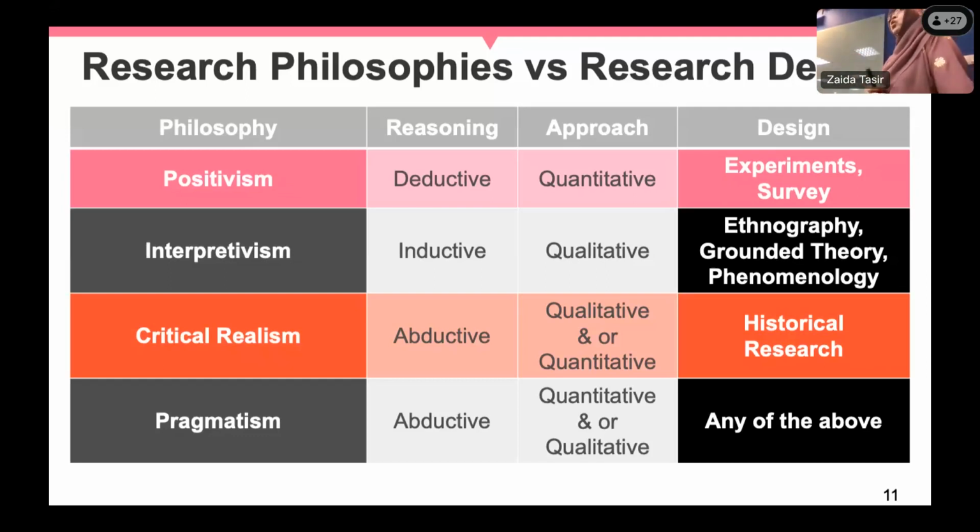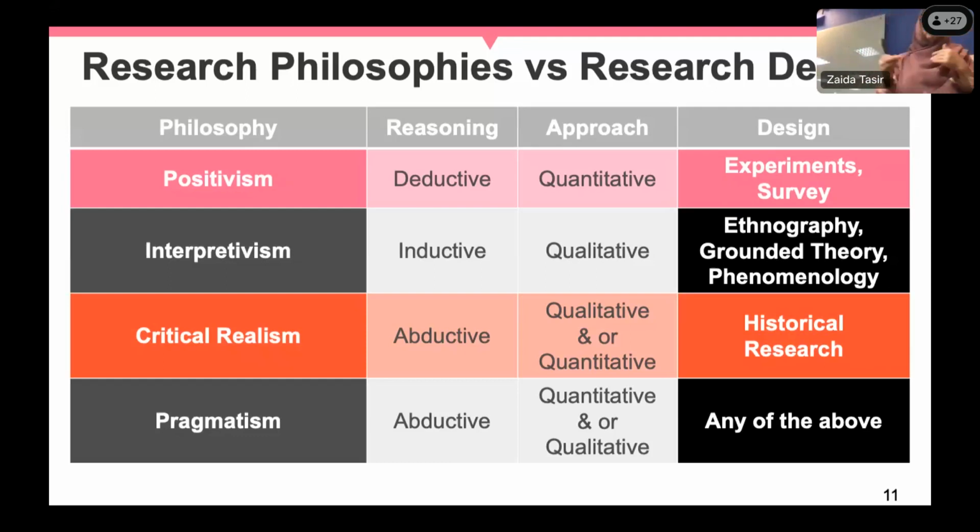Interpretivism is where you do inductive reasoning. You try to interpret. Okay, you don't have a theory to interpret it. You will develop the theory at the end of it. So it will focus more on a qualitative approach, and the design might be ethnography, grounded theory, or phenomenology. Okay, critical realism is where you are focusing on the reasoning type of abductive.